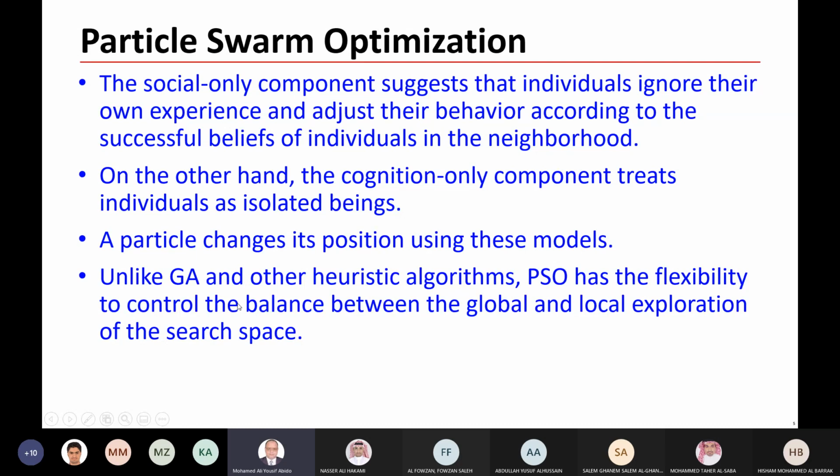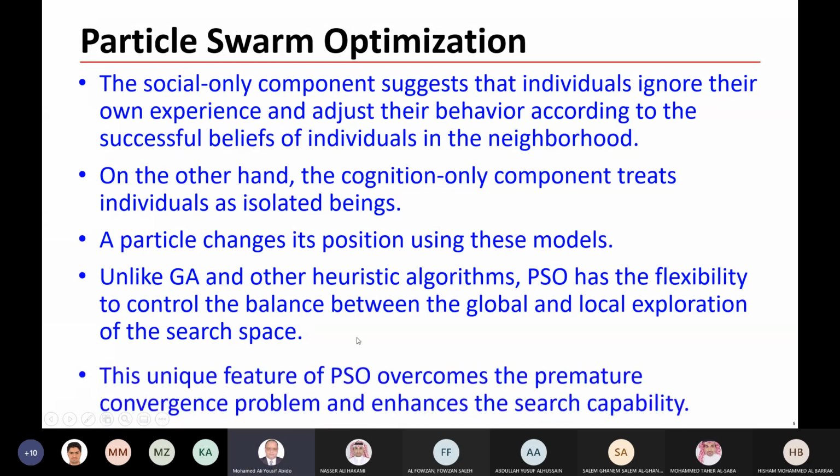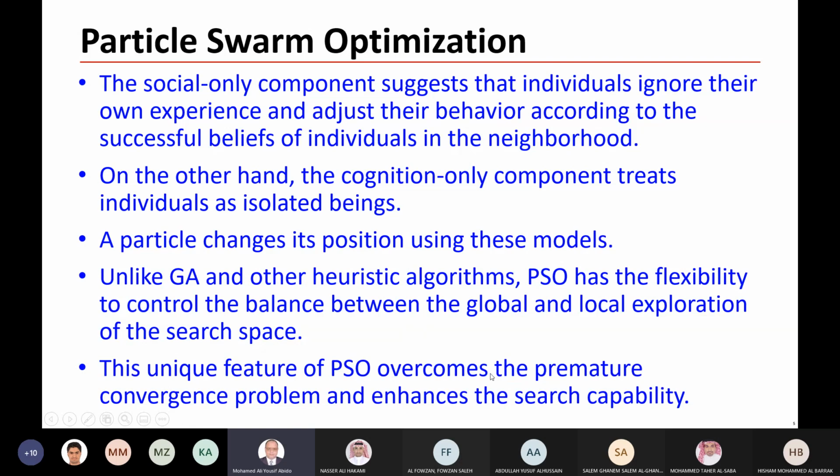Unlike GA and other heuristic algorithms, PSO has the flexibility to control the balance between global and local exploration, as we mentioned earlier. We have these two parts. This is the global, and this is the local. Cognition is the local, and the global is the social part of particle swarm. This unique feature of PSO overcomes the premature convergence of GA and others and enhances the search capability.